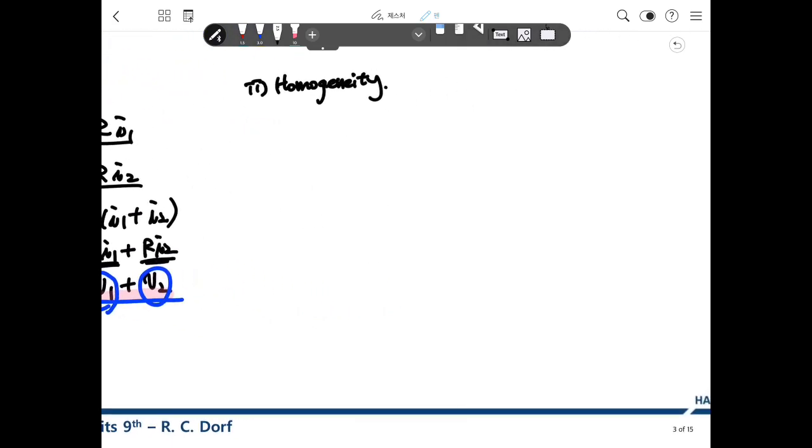Then we insert the input I. Then the voltage V will be R I. Then we insert some K I, where K is a constant.